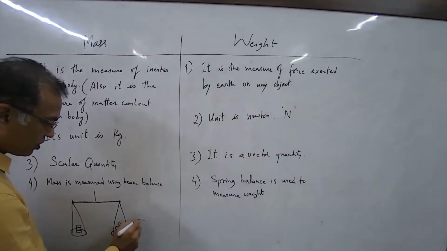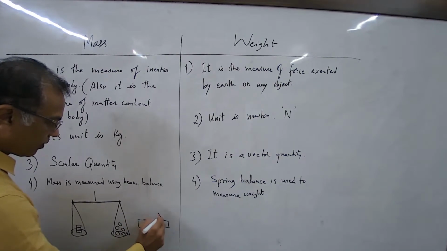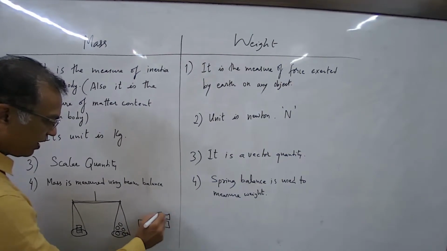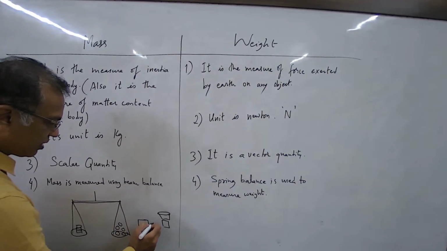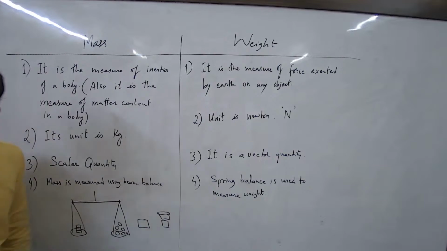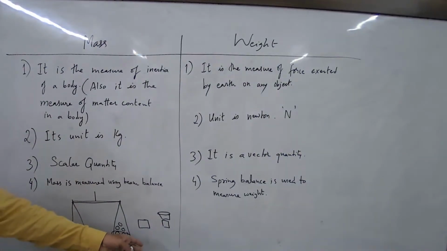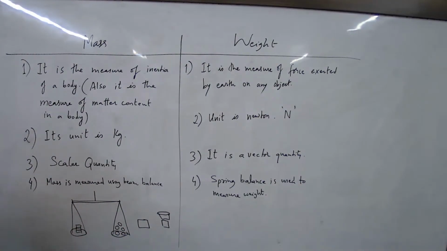It comes in two styles. One is supported from the bottom and one is supported from the top. You have a pan here, and you just keep the weights, and then the pan gets balanced.